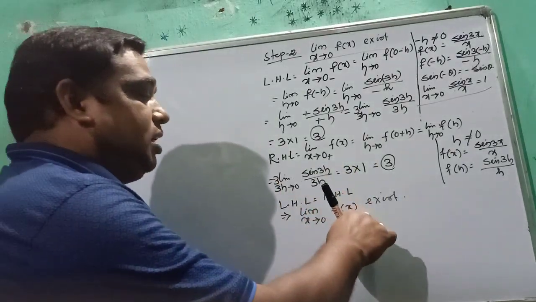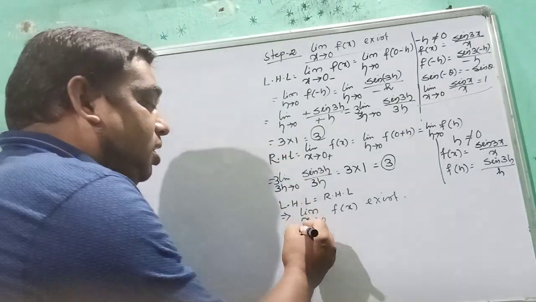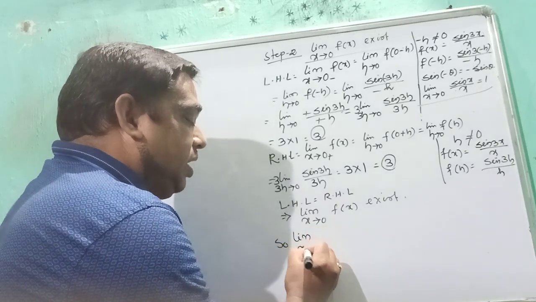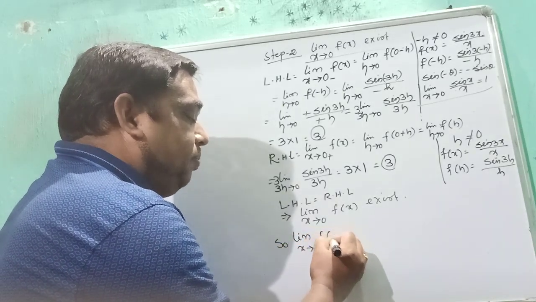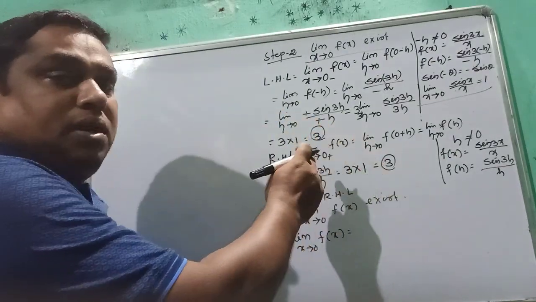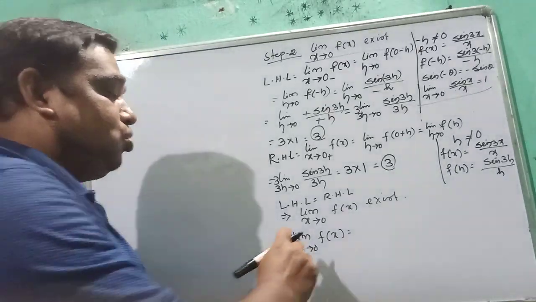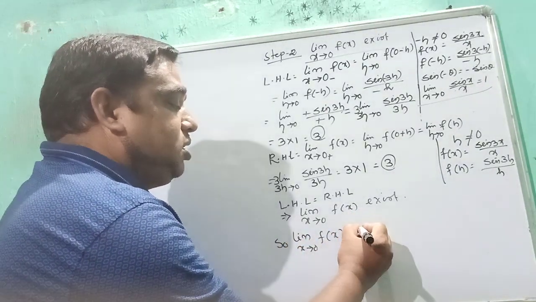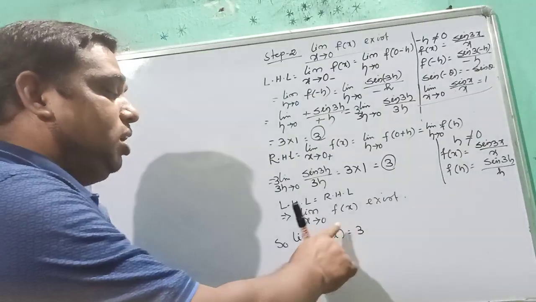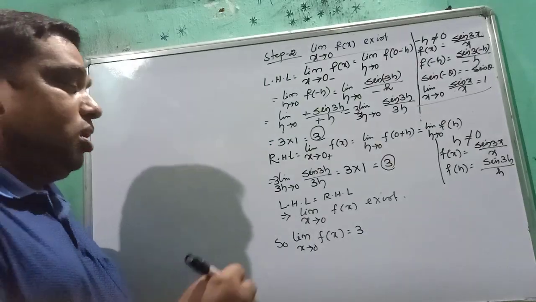And since it exists, you already know that if the left hand limit is equal to the right hand limit, that value is known as the limiting value. So limit x tends to 0 of f(x) is equal to 3. So 3 is the limiting value of f(x) when x tends to 0.